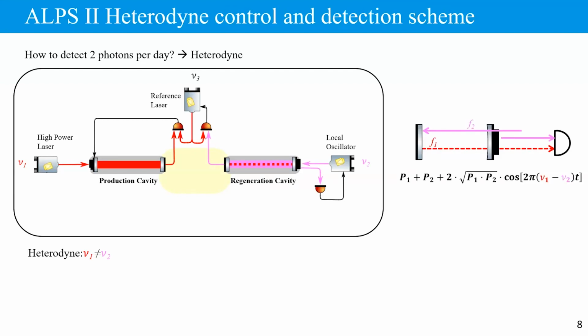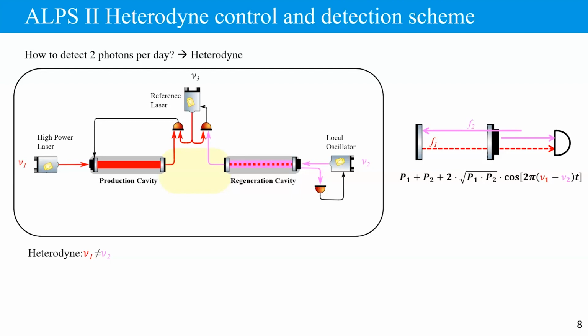So how can we detect that? One way to do it is to beat this field with the field of a second laser, which we call the local oscillator, with a frequency of nu2. And by looking at the amplitude of the beat note frequency, we can get access to the power of nu1.